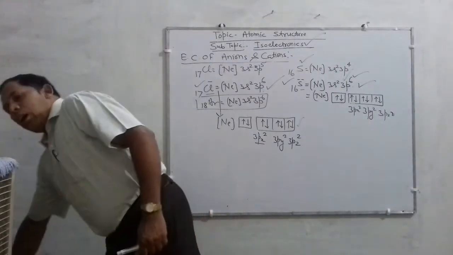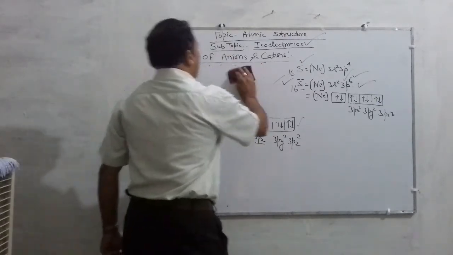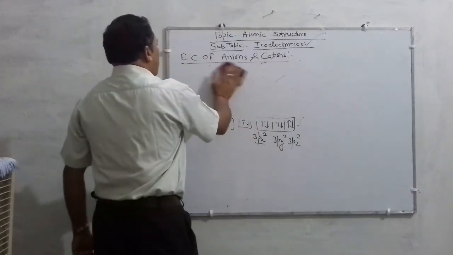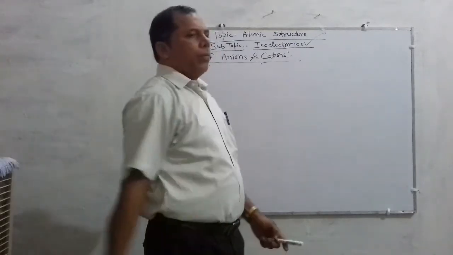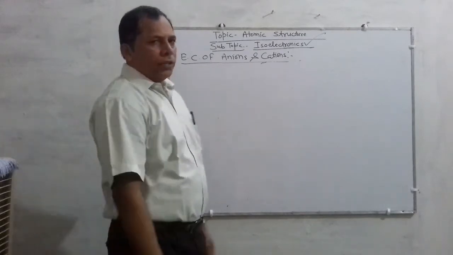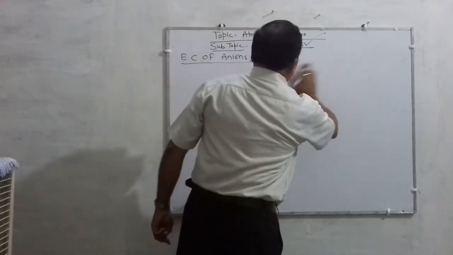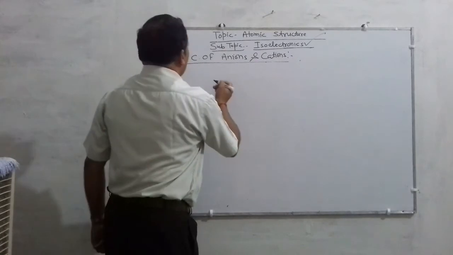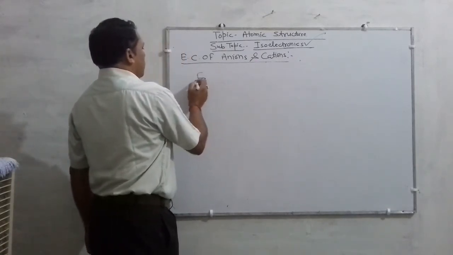Now come to the point of how cations are formed. It is stated that during the formation of a cation, electrons are removed from the valence shell of the atom. Suppose I am taking a simple example, children, iron.